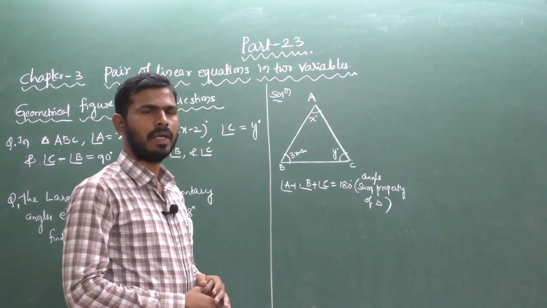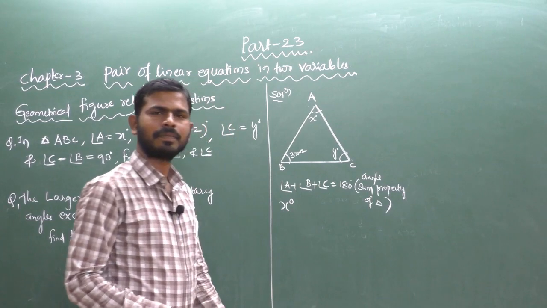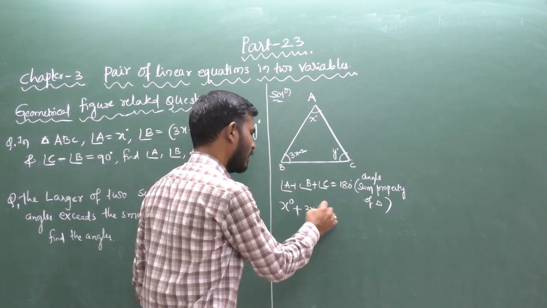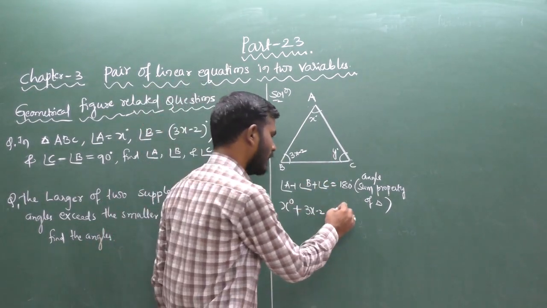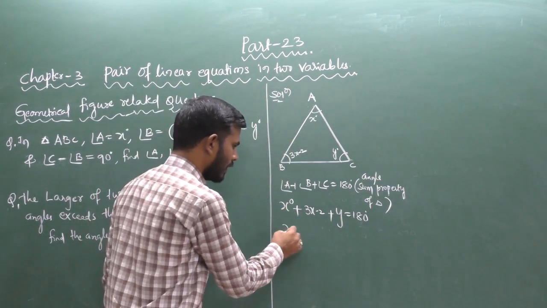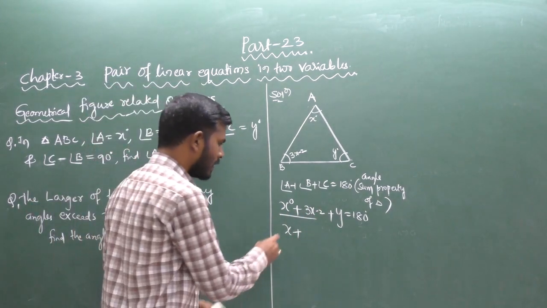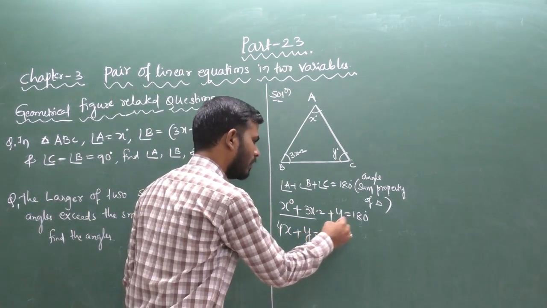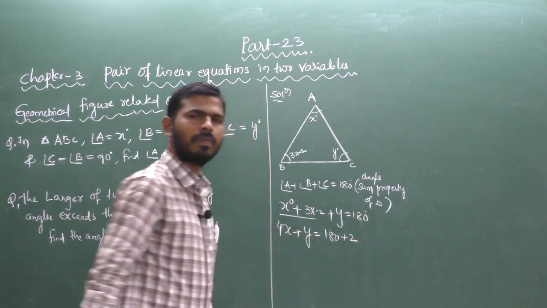Now we have to substitute. Angle A is x degree, plus angle B is 3x minus 2 degree, plus angle C is y degree, equal to 180 degree. Next step, x plus 3x is 4x, plus y equal to 180 minus 2, which becomes plus 2.